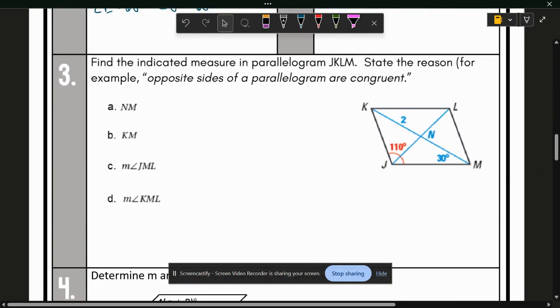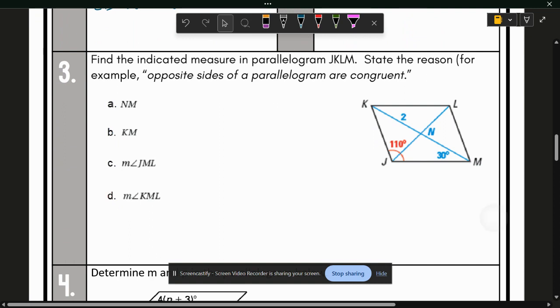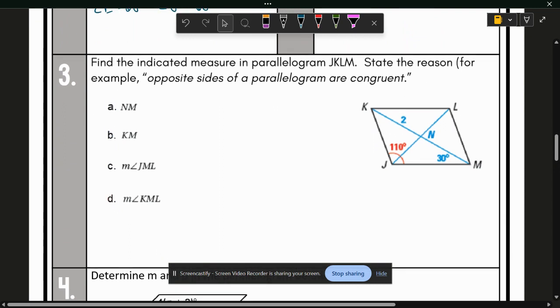All right, and example number 3, find the indicated measure in the parallelogram. It tells us the parallelogram JKLM. State the reason. For example, opposite sides of the parallelogram are congruent, opposite angles are congruent, diagonals bisect each other. So let's take a look. NM is the small line that's located here.